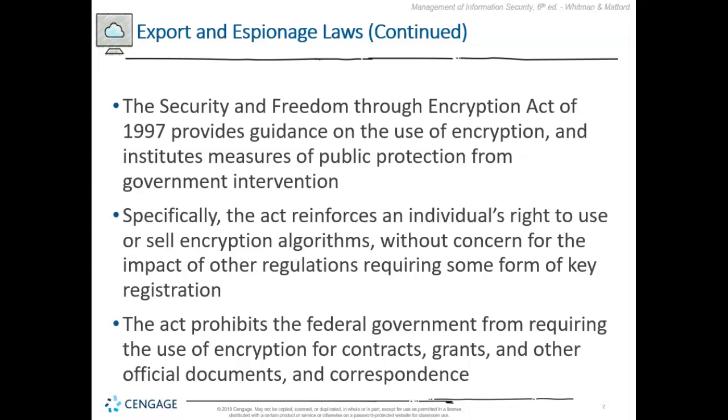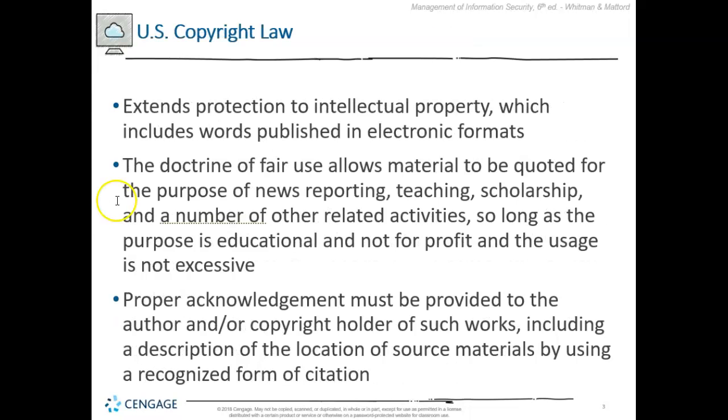Back in the early 90s, the government was trying things like, give us part of a key and you keep part of a key, or we have to have the full key if you're going to encrypt and send anything out of the U.S. So this law was an effort to clarify and to provide those rights to an individual and to companies. It prohibits the federal government from requiring the use of encryption for contracts, grants, and other official documents and correspondence.